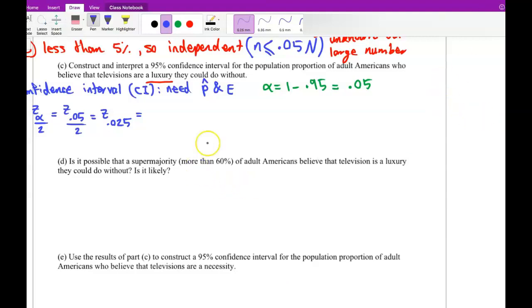So first, let me draw this. Okay, so we have 95%. What that means here on left and here on right, we have 0.025.